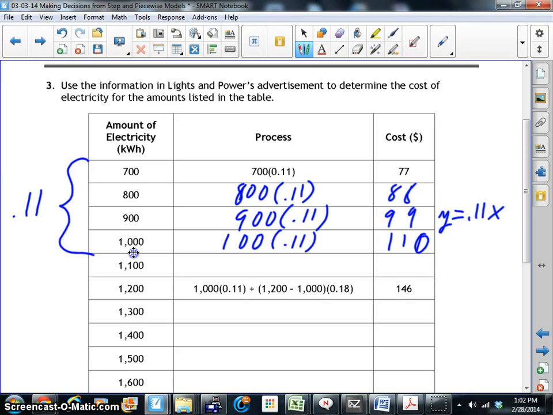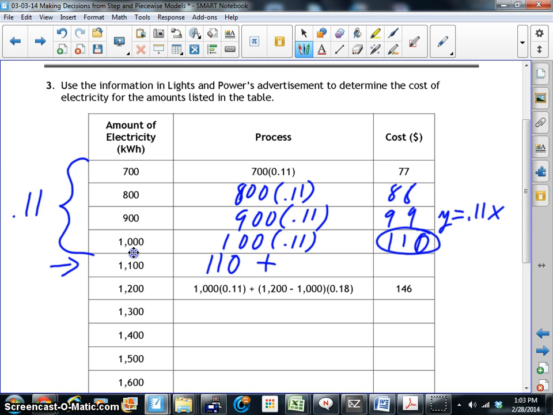But take a look at what happens when you go beyond this. So now we have 1,100. We've already paid $110 for the first 1,000 kilowatt hours because we've already paid that off. So that means we have the first 1,000 kilowatt hours plus whatever else.